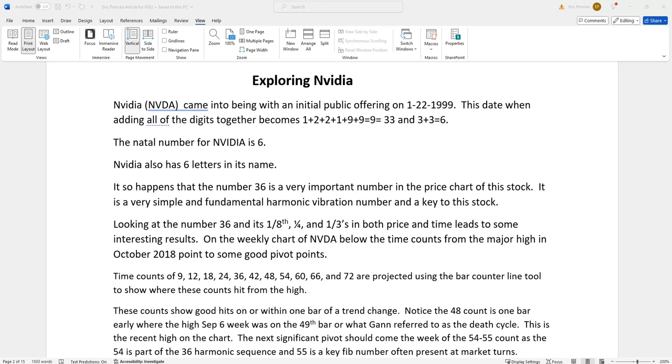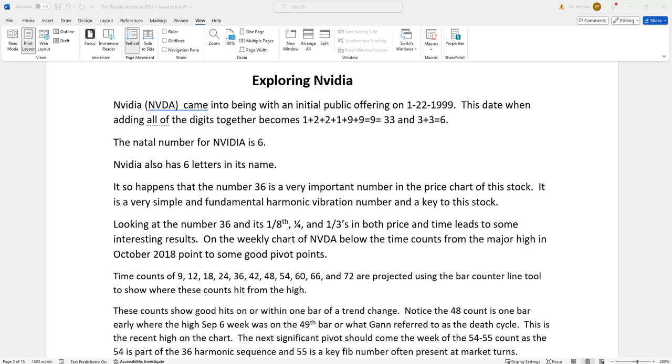We're going to be looking at this adjusted for splits over the years. So now looking back to the 2018 area, the stock's around $7 to $10 instead of 200 plus where it was in here.